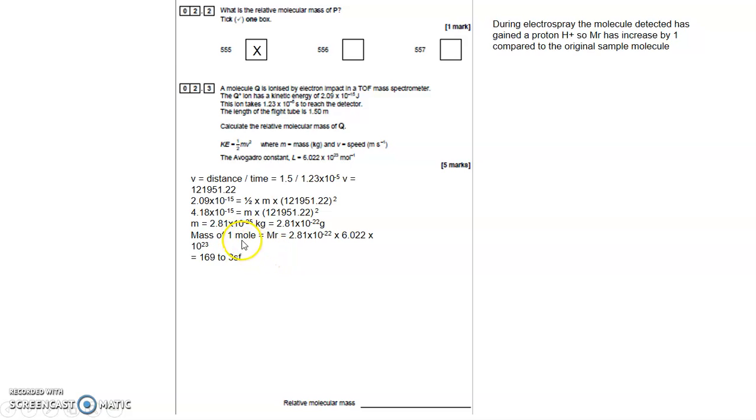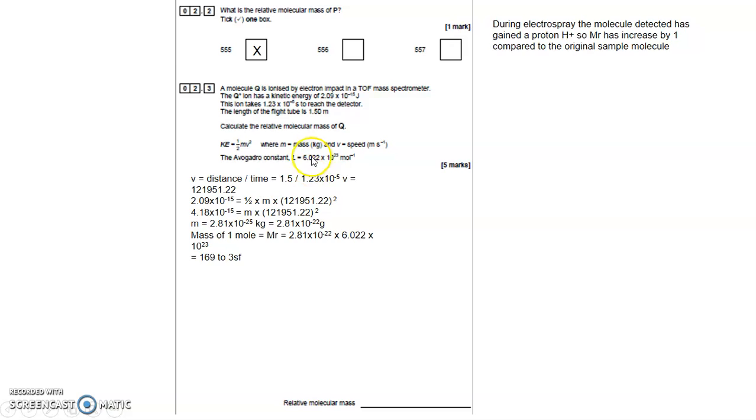So if I have 1 mole, moles equals mass divided by Mr. 1 mole is the Mr. So Mr is the mass of a particle, 2.81 times 10 to the minus 22, multiplied by Avogadro's constant, because that's the mass of one particle, therefore multiplied by the number of particles in a mole, and therefore it comes out as 169. So that's the mass of the particles in 1 mole, which is equal to the Mr.